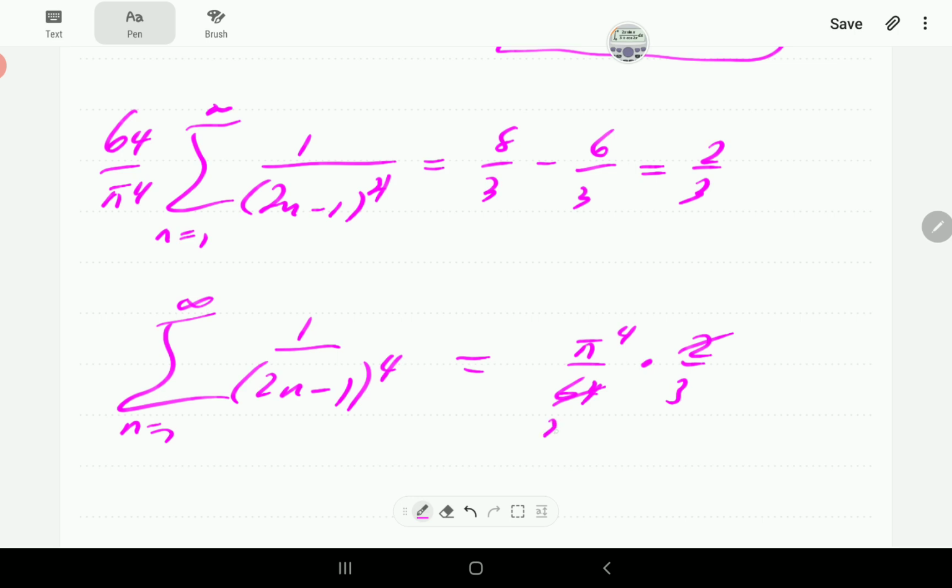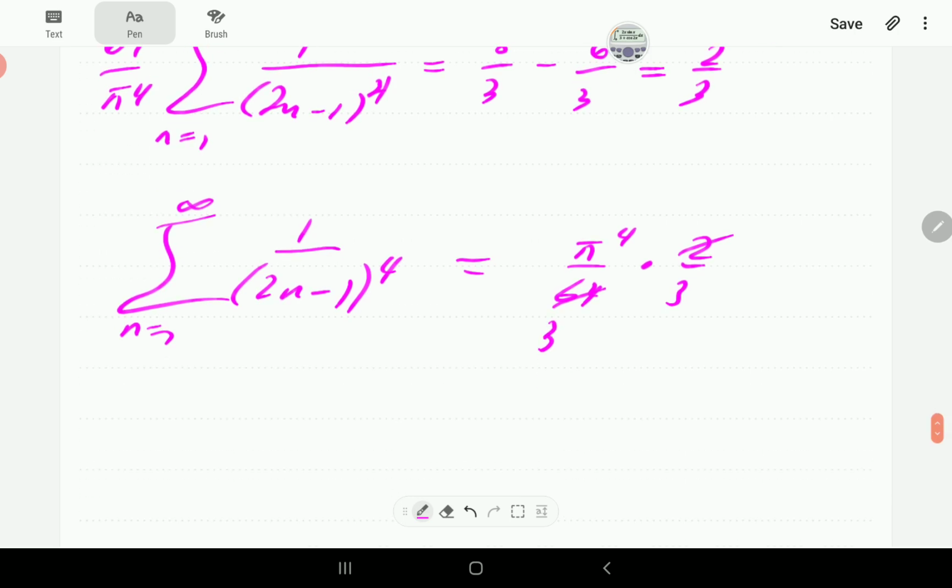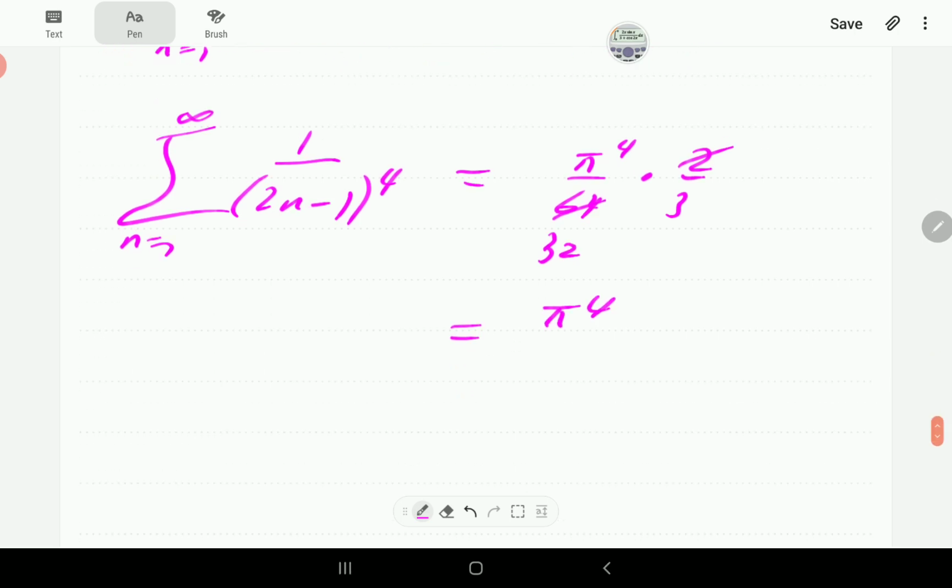This gives us 32. So 32 times 3 is going to be 96. So this is 1 over 1 to the power 4, 1 over 3 to the power 4, plus 1 over 5 to the power 4.